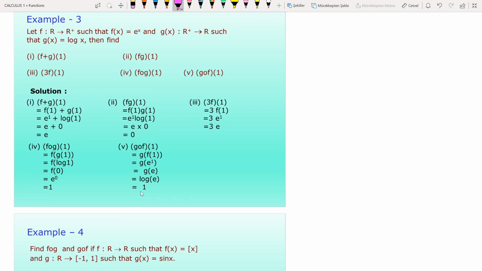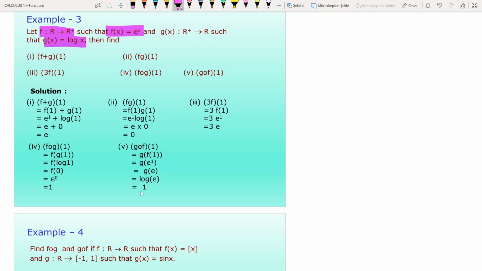Some examples. Let's say f is the famous exponential function e to the power x, and of course the domain is R to the positive real numbers, and g is the logarithm function here.